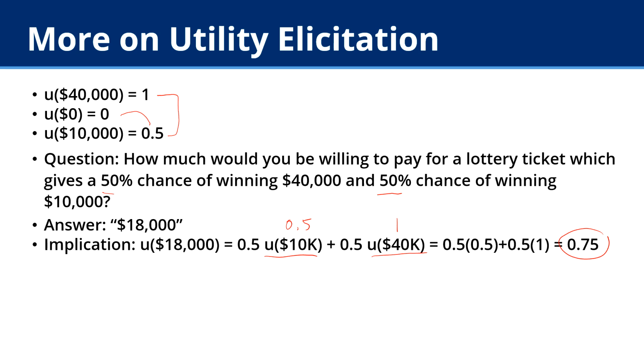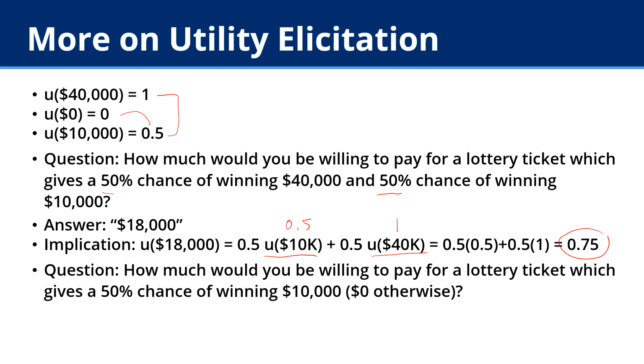Let's go on the other side of this though, between 0 and 0.5. Another question: how much would you be willing to pay for a lottery ticket which gives you a 50% chance of winning $10,000, $0 otherwise? This time we're trying to figure out the values between these two points. Let's say the answer here is $3,000.